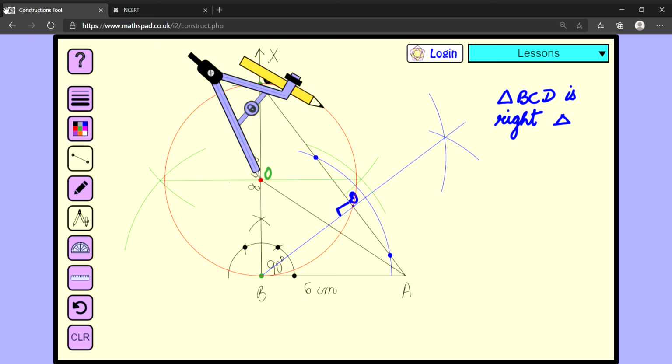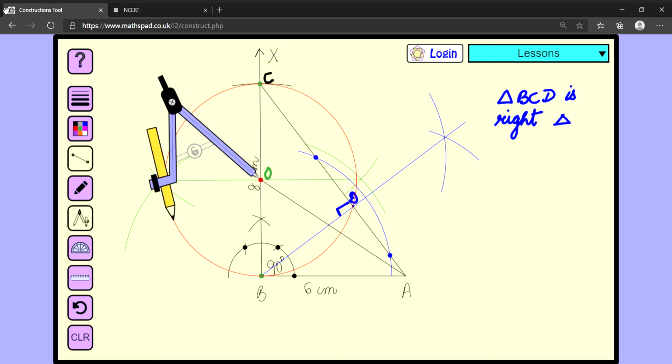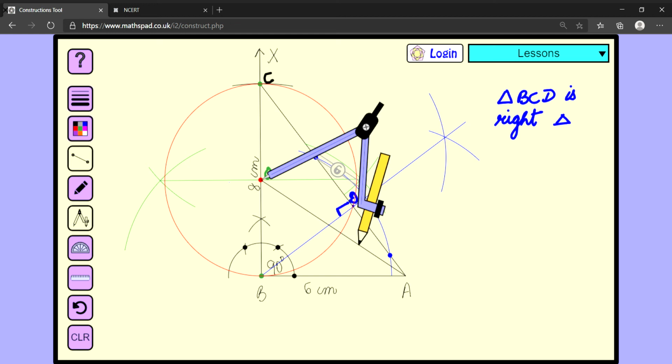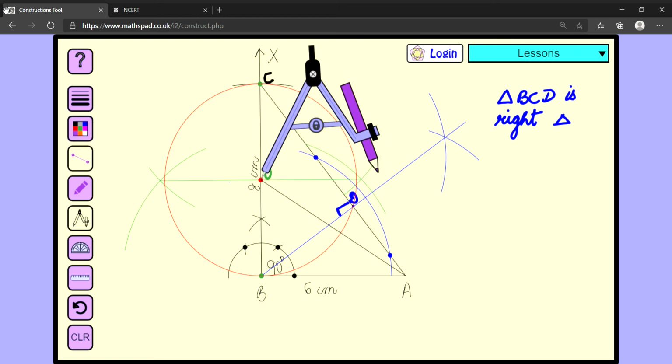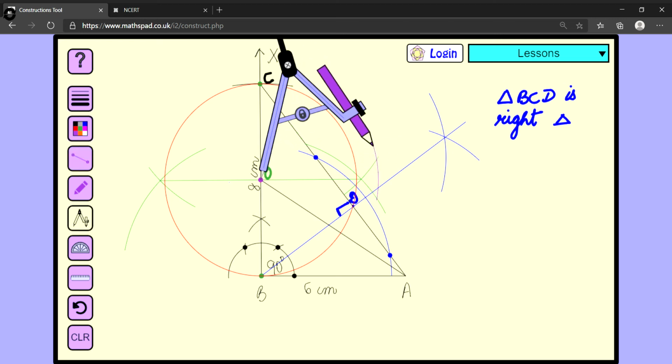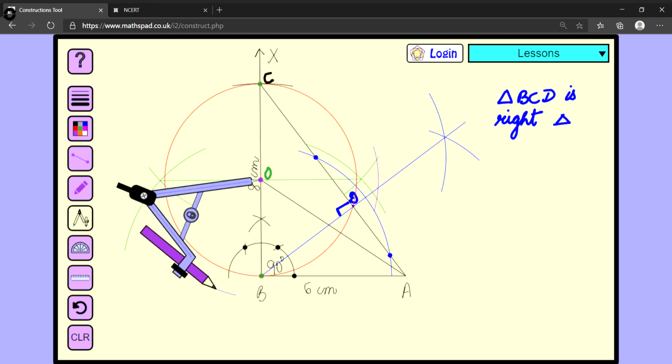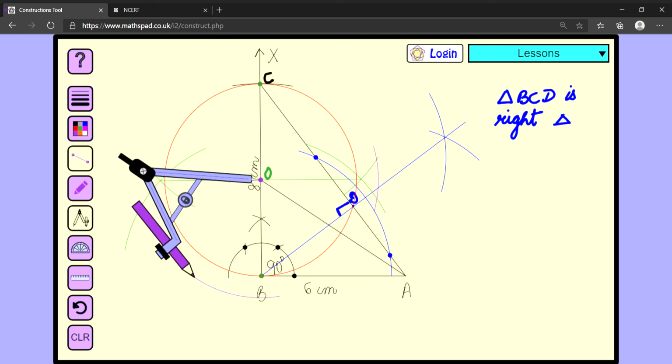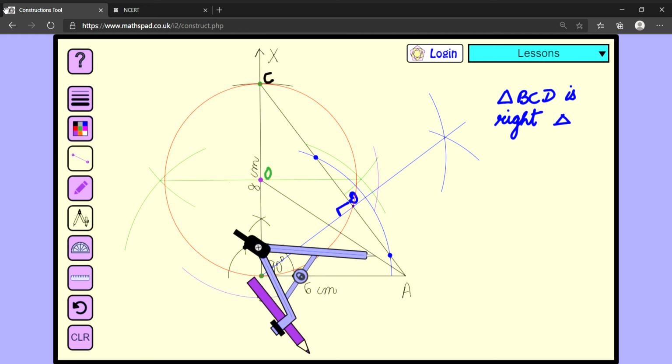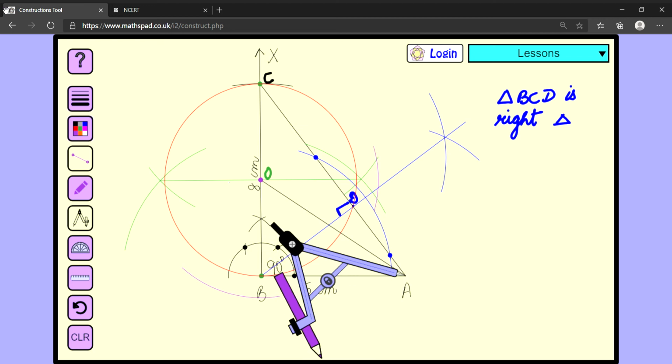Same steps to construct the perpendicular bisector for any line segment: I want to open the compass more than half and draw arcs on either sides from both endpoints. So from point O, on either sides, let's draw arcs. These are from O on both sides and now from A on both sides.